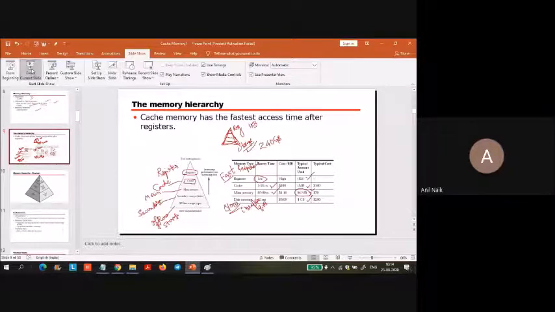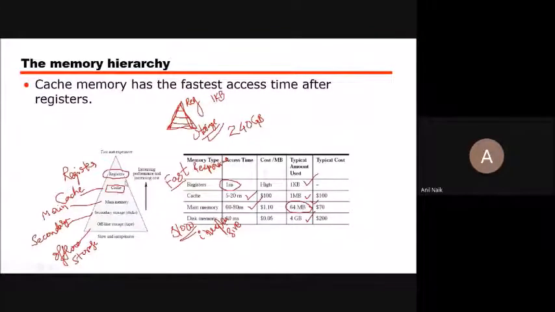So the memory hierarchy is in a triangle shape: the registers, cache memory, main memory, secondary storage, and offline storage. Now you can include one more thing. What is that? Cloud storage, you can also add.